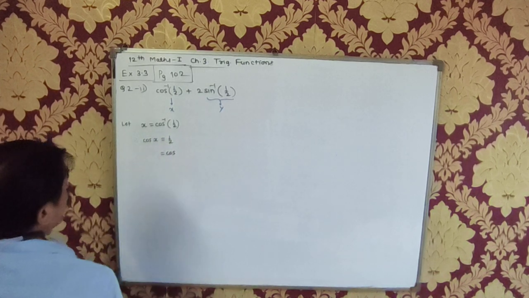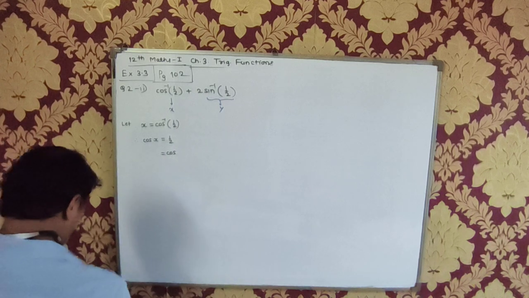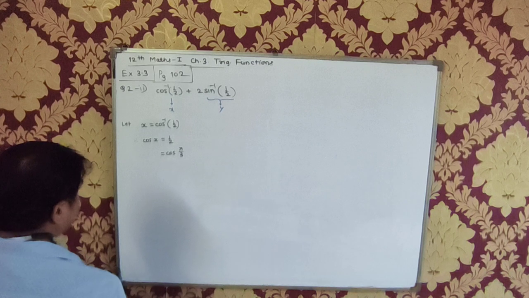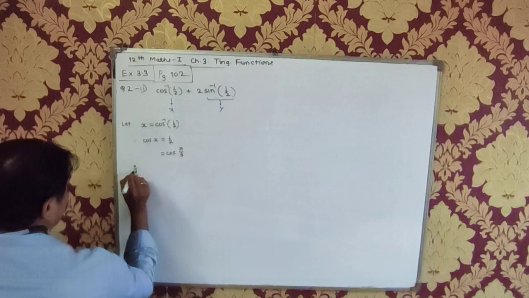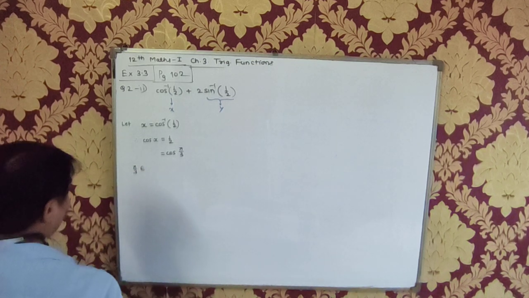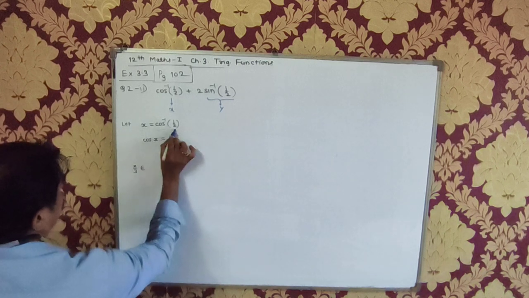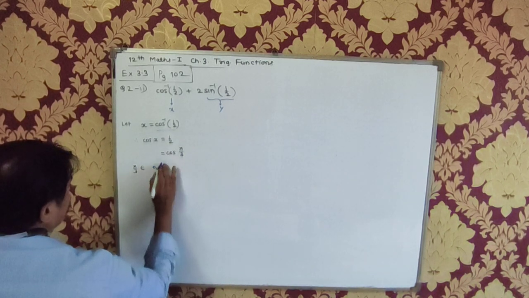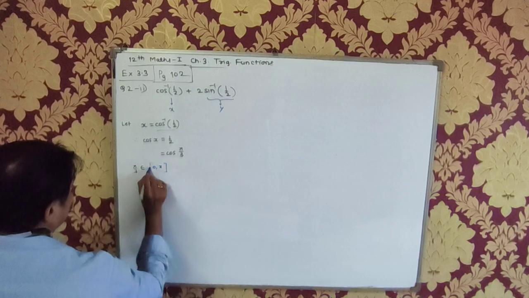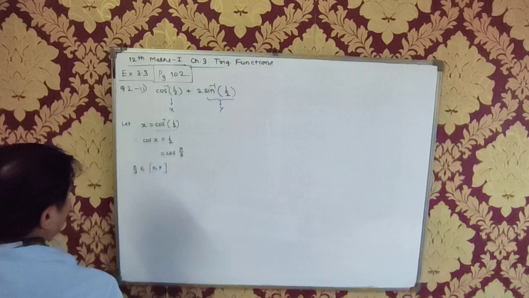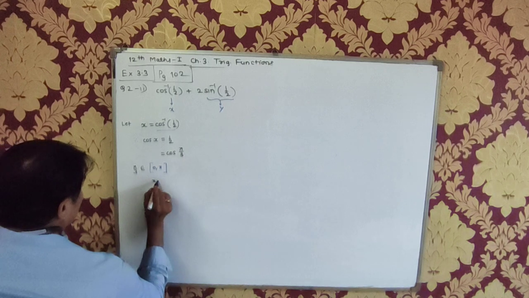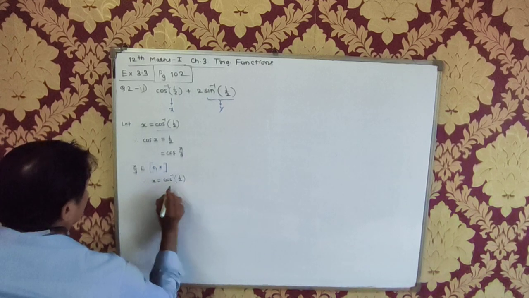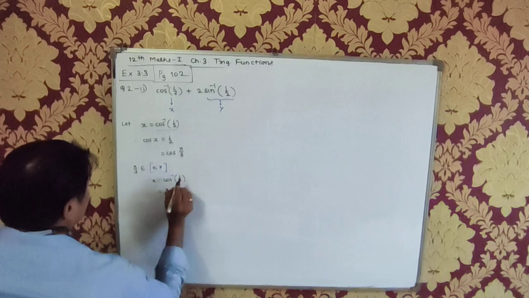That is equal to cos of what? Pi by 3. And pi by 3 belongs to the principal value branch of cosine. The principal value branch of cos inverse is 0 to pi, a closed interval. So every time I am writing this so that you get to revise. And therefore x is equal to cos inverse of half is equal to pi by 3.